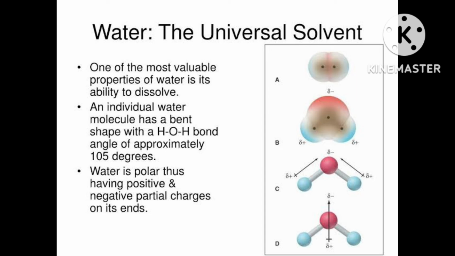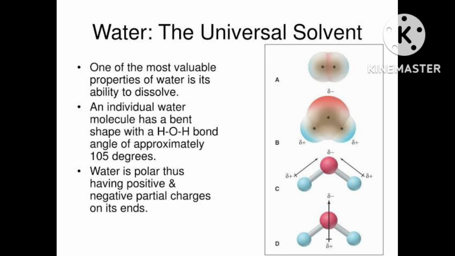As for example, sucrose, glucose, fructose, all these things. Generally organic compounds will be non-polar. Polar means little charge: very weak positive, very weak negative charge. That is called polar. And non-polar means almost no charge.